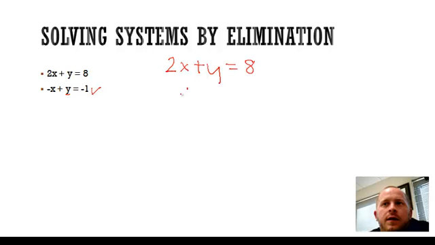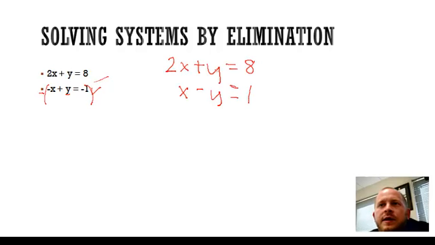So it's going to make my x become positive, my y will become negative, and that means my negative 1 on this side is going to become positive. We multiplied this equation here. We acted like we were doing just a negative 1 outside of it. Okay?